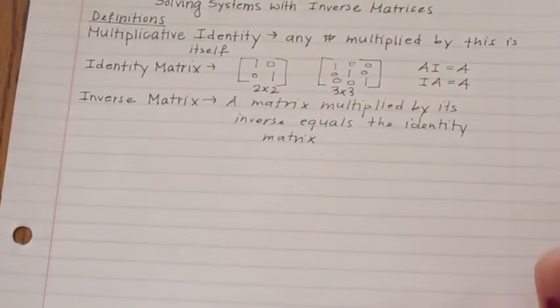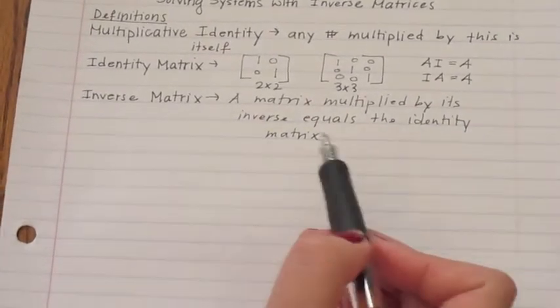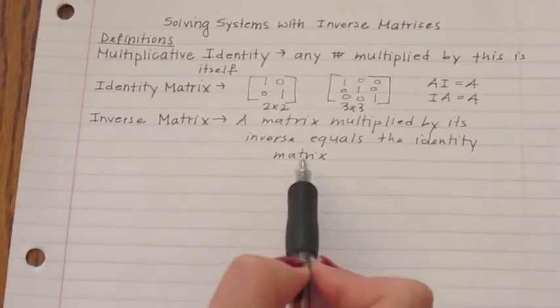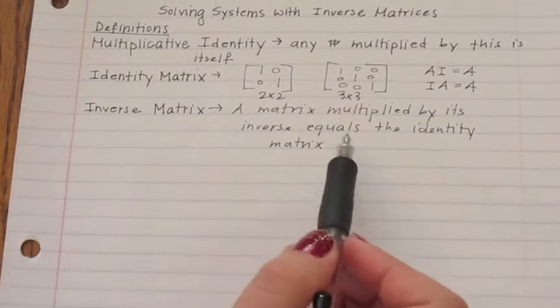So if we're thinking in terms of real numbers, if we have the number 4 and we want to know its inverse, we would think in our heads, 4 times what will give us 1? And we all know that as a quarter, so the inverse of 4 would be a quarter.